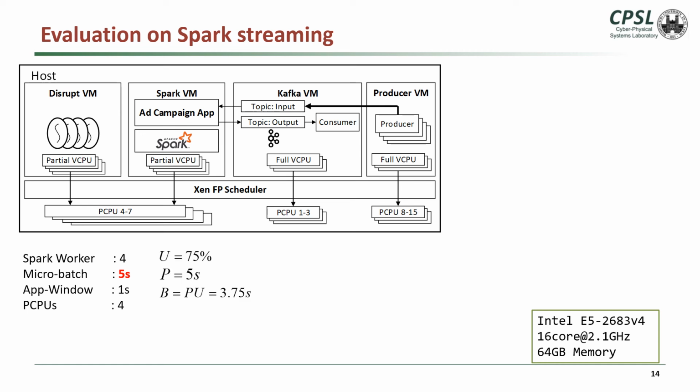We get the utilization of each vCPU, or each Spark worker, to be 75%, and the period equals the micro batch setting, which is 5 seconds. Based on that, you can derive what budget you need for your vCPU.